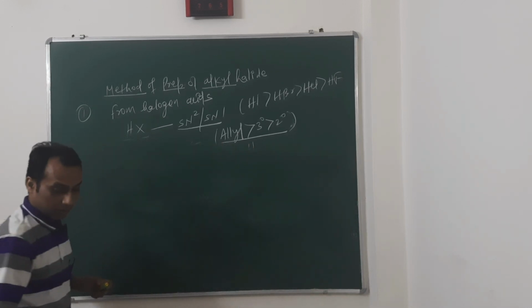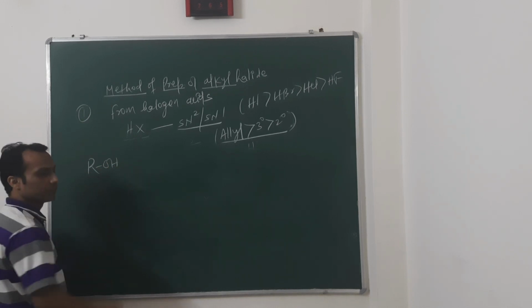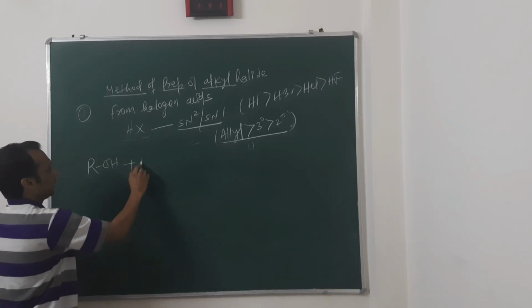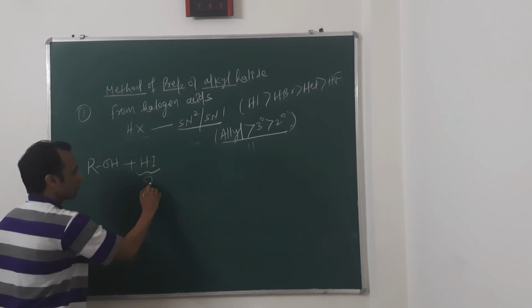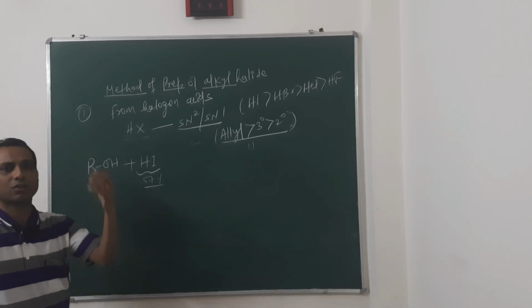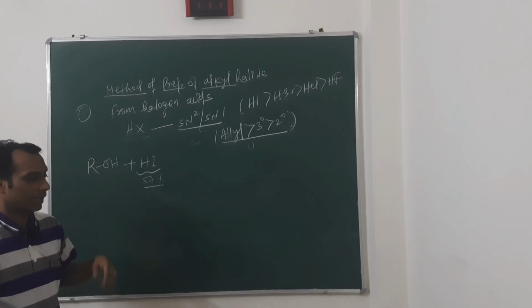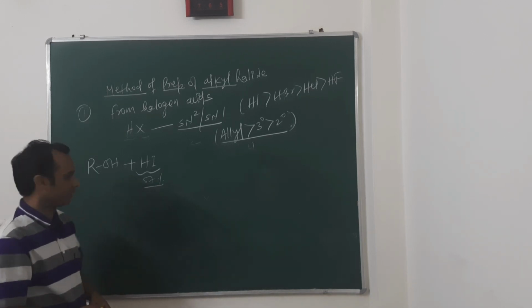See, students. Now we talk about ROH. If you have HI, it will directly react. You have to take almost 57% HI, and the alcohol you have to take as a reflux. Reflux of alcohol means the alcohol is heated with respect to evaporation.